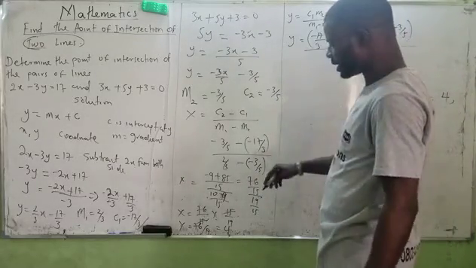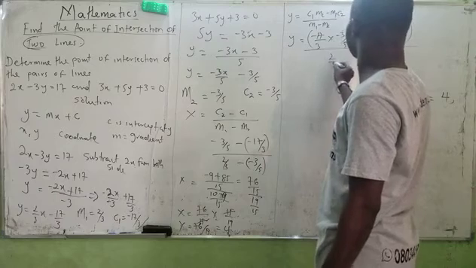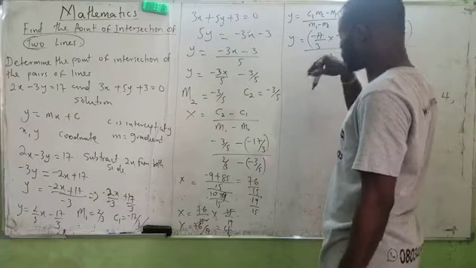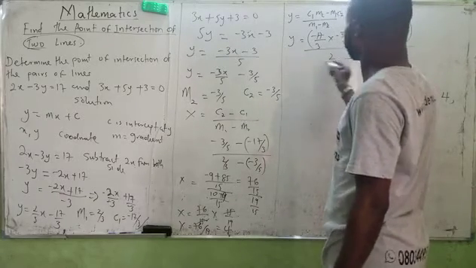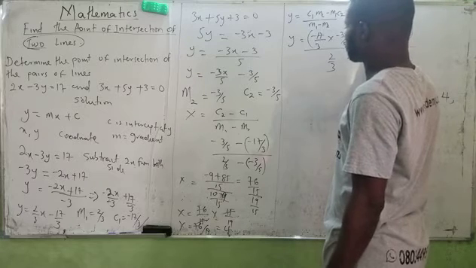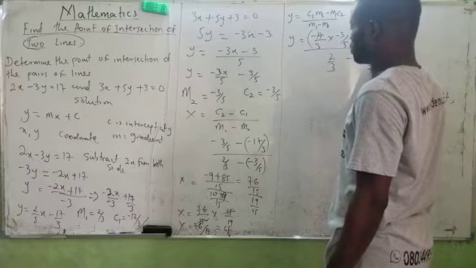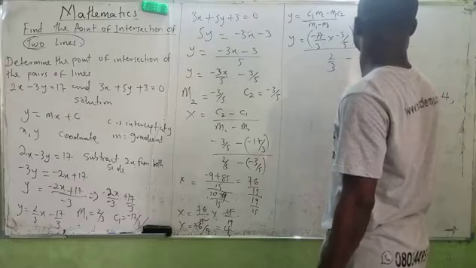My M1 is 2 all over 3, minus M2, which is minus 3 all over 5.